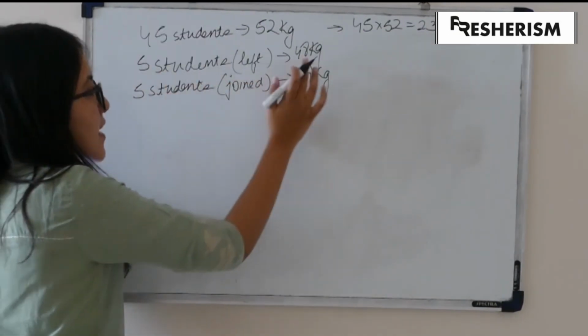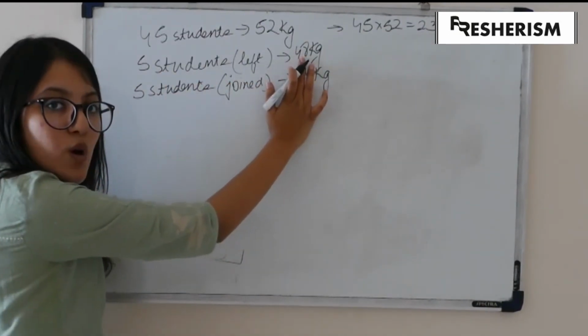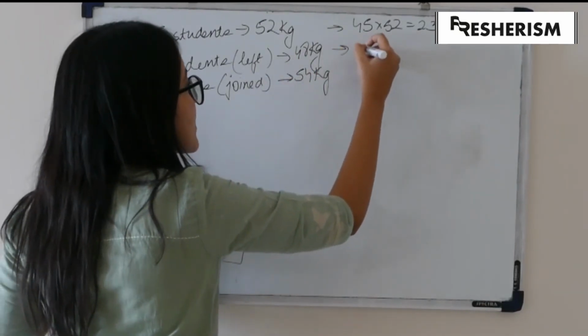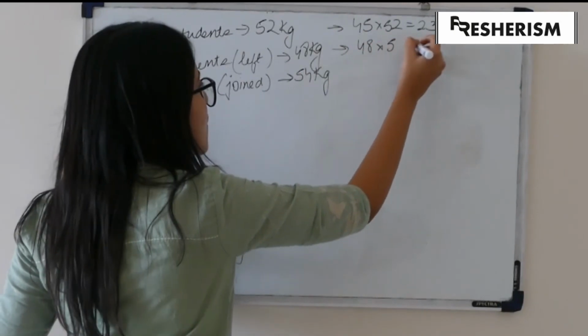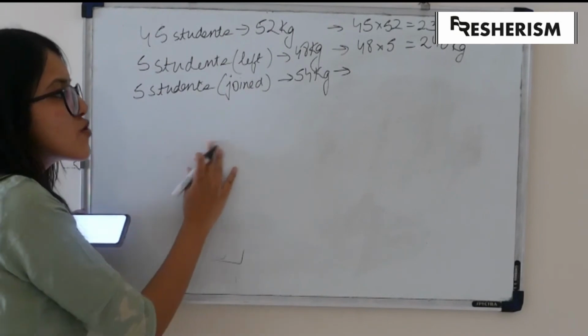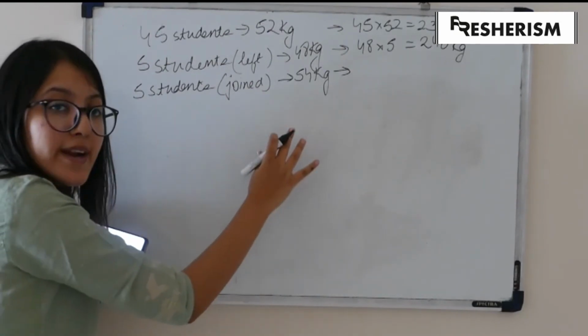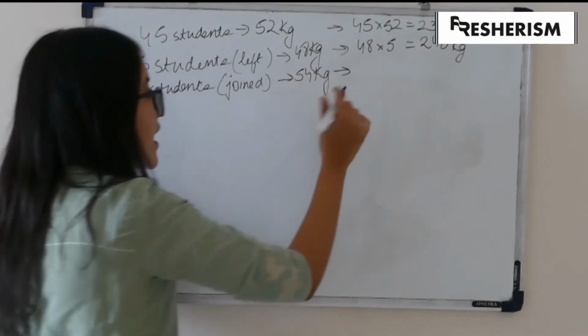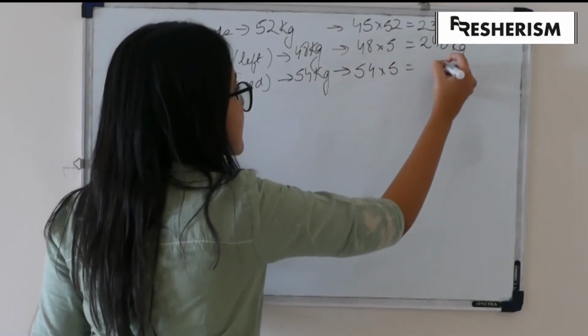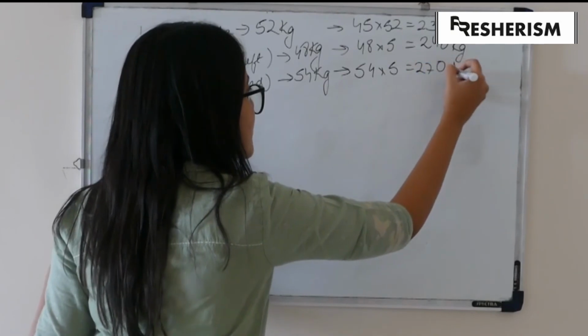Next, 5 students left the class whose average weight was 48 kg. Therefore, their total weight will be 48 into 5, which is 240 kg. Moving on, 5 students who joined the class have an average weight of 54 kg. Therefore, 54 into 5 gives us 270 kg.